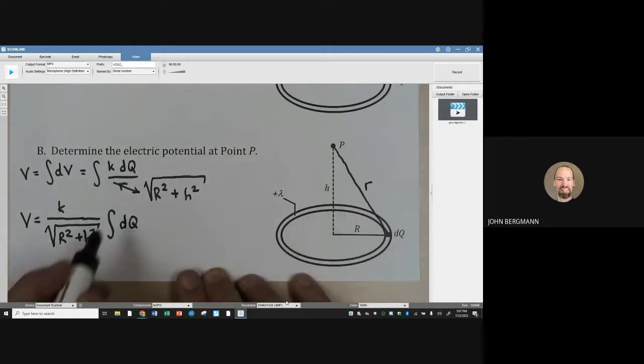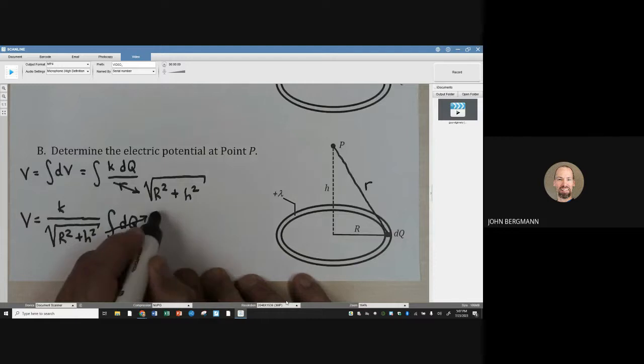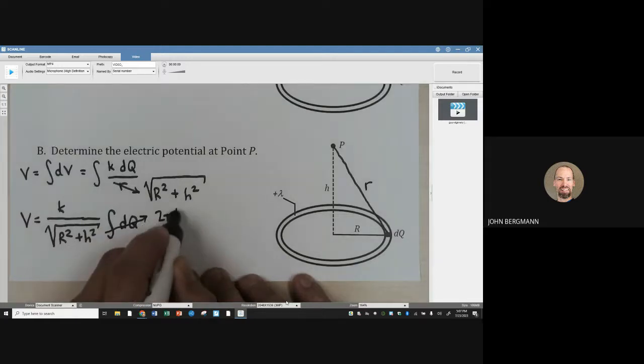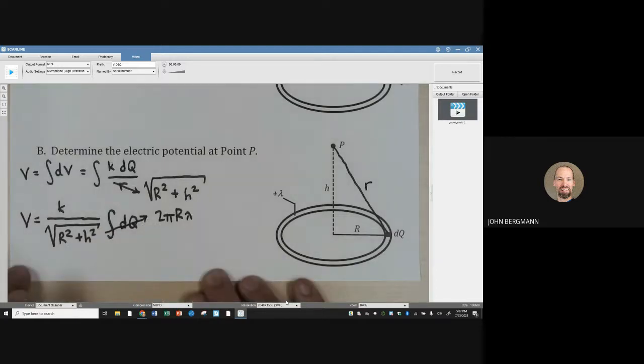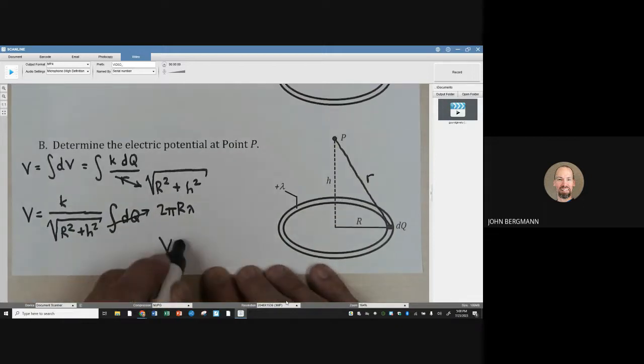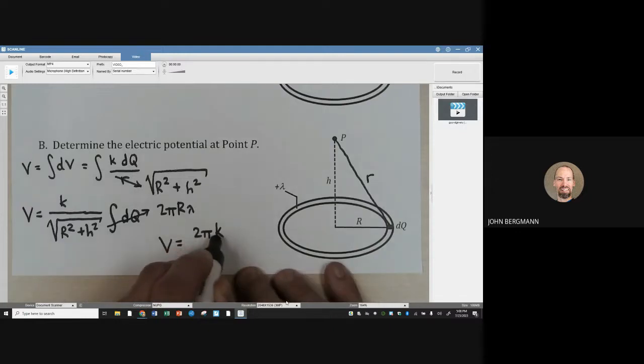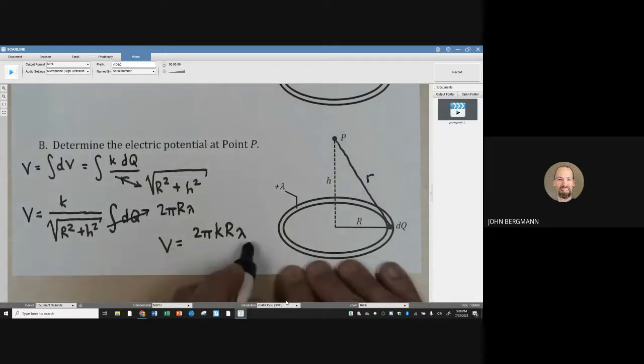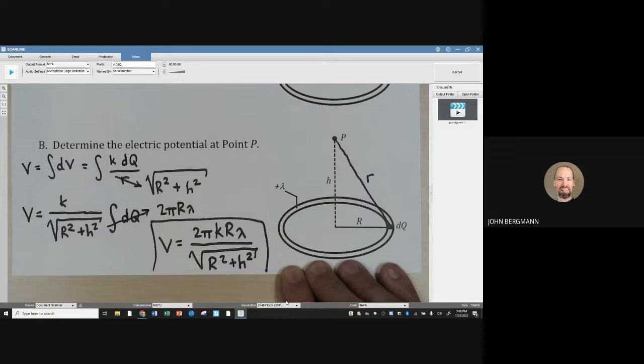And so this term is going to be nothing more than 2 pi big R times lambda. If we put that all into one expression that looks nice, we get our final answer: 2 pi k R lambda in the numerator, and in the denominator, the square root of big R squared plus h squared. And that would be a positive number. It would have no direction.